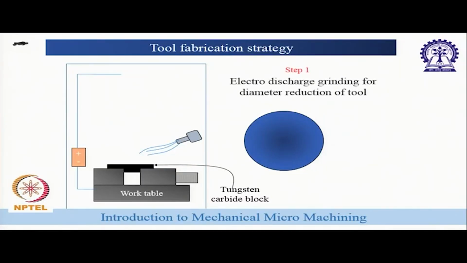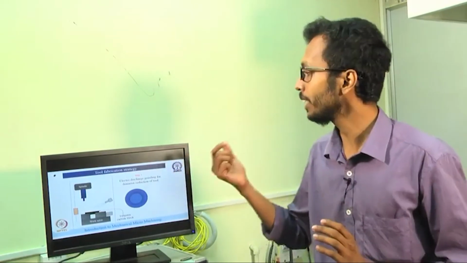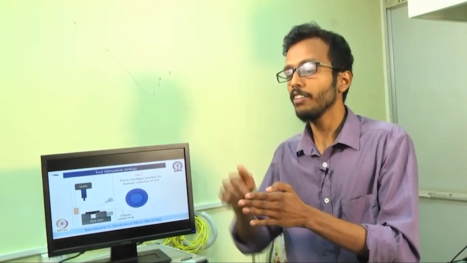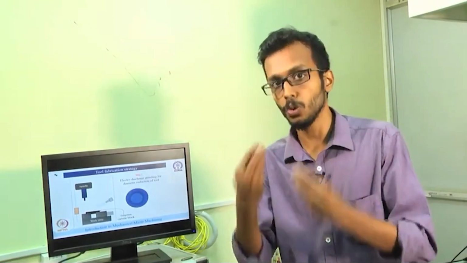So the tool fabrication strategy: starting with a blank, we reduce the diameter of the blank from 0.5 mm to 0.2 mm using a process called electrode discharge grinding. Electrode discharge grinding is very similar to EDM. The only difference is that we have a tungsten carbide block, and the tool material is also tungsten carbide.